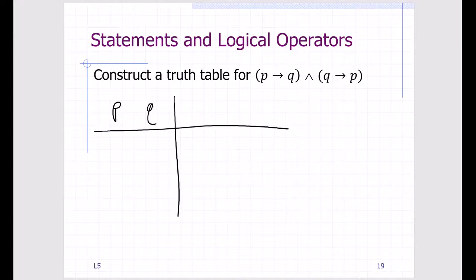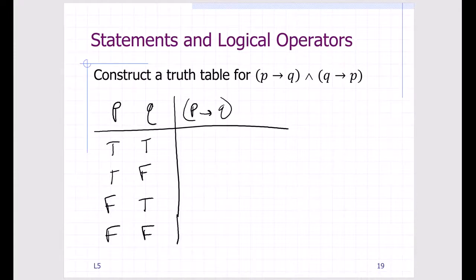Okay, so construct a truth table for this. What that means is take into account all the possible orders of true and false that we could have, false and false, and to construct a truth table means to take this compound statement and figure out these four truth values.